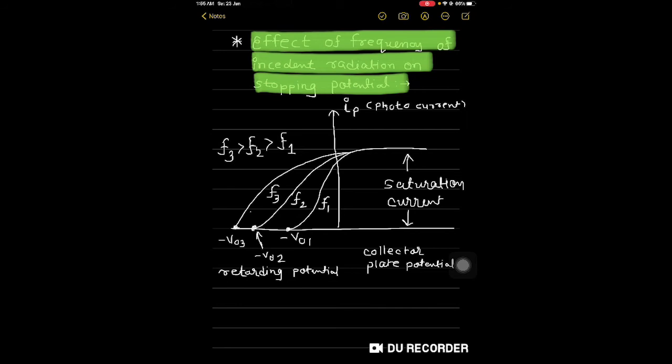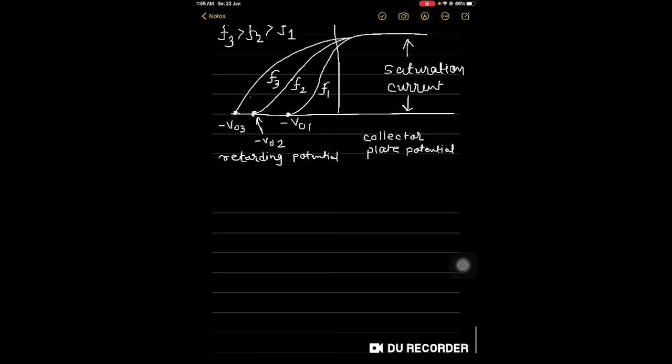Now, if we plot a graph between the frequency of incident radiation and corresponding stopping potential for different metals, we get a straight line that can be shown from the figure below.